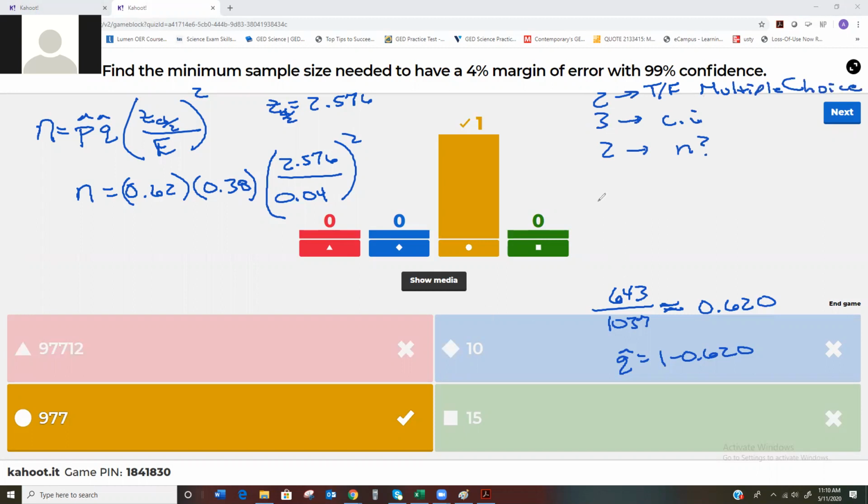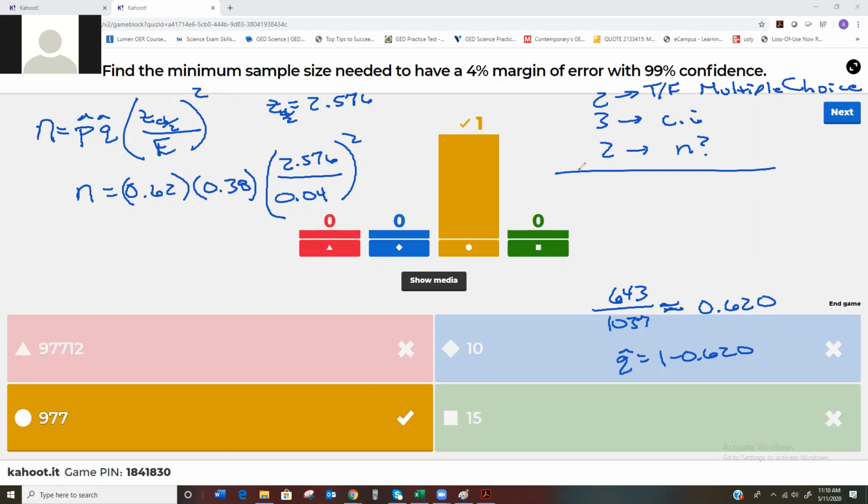So there's a couple of those. Then there's 3 actual confidence intervals and a couple where you have to find n. So what is that? About 7 questions out of chapter 7. I think the whole test only has like 15 questions, something like that. Might even be less than that.